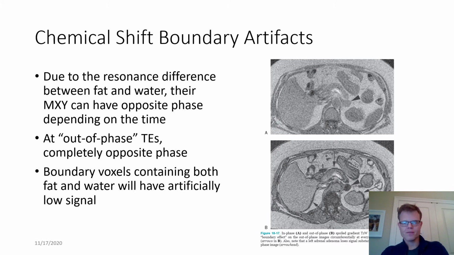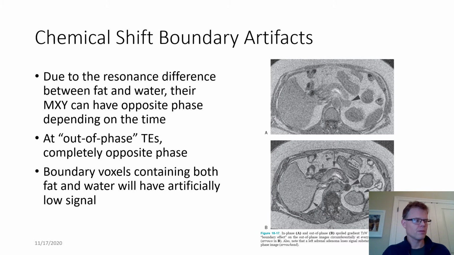Okay, another type of artifact that's more specific to chemical shift is this boundary artifact. And we've talked about a similar case when we were looking at inversion recovery, one of the examples I went through. We talked about how we can get signal cancellation within a voxel.